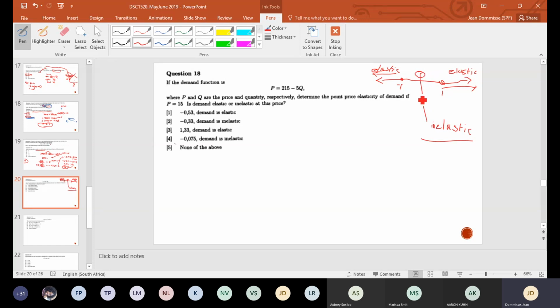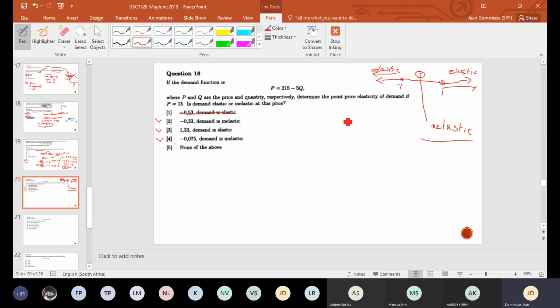If that is there, it's supposed to be inelastic, so that won't be one of my answers. -0.33 will sit in there, so that can be an option. 1.33, demand is elastic, it's sitting there, so it can be an option. -0.0375 is sitting in that space again, so it can be an option. So I just eliminated one of the options.